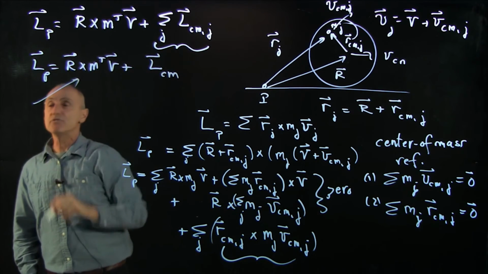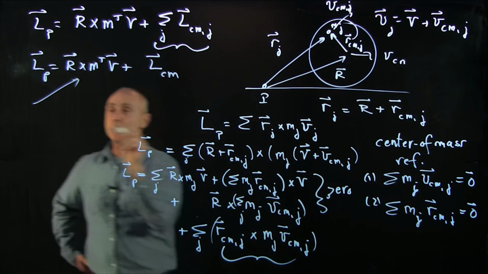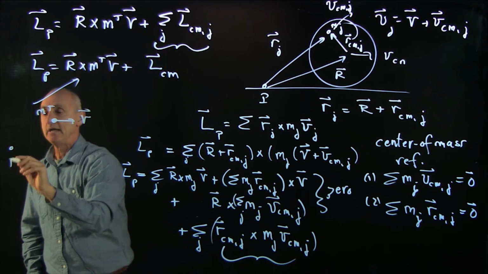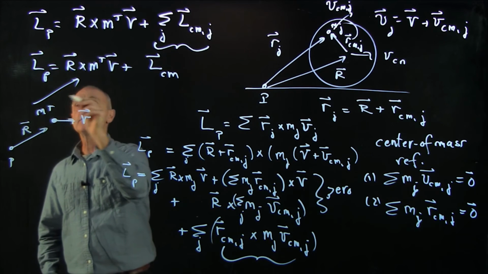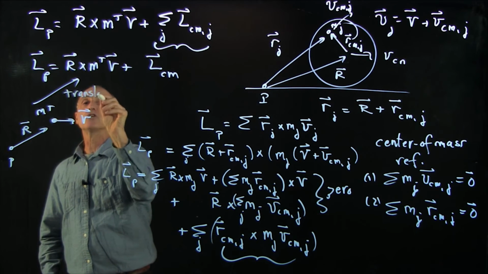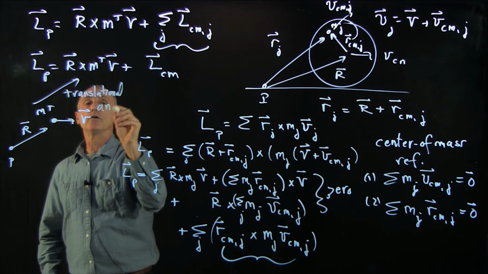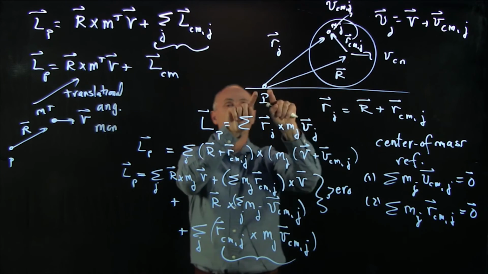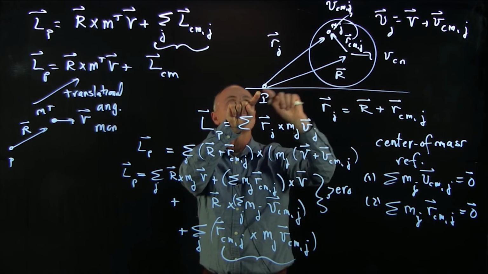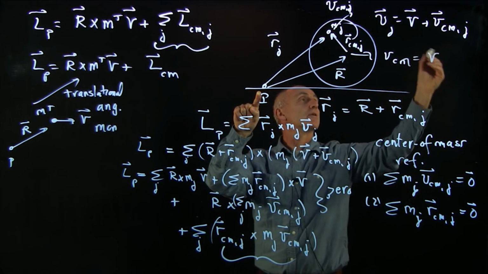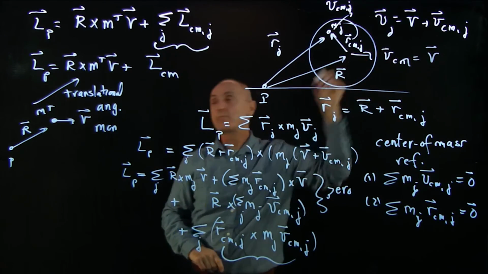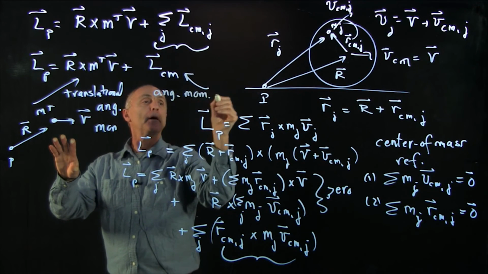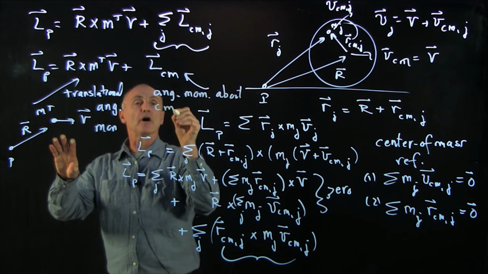Now, what this first term is, if you treated the whole object as a point mass, m total, moving with V, and here's our point P, and there's R. This is just what we call the translational angular momentum. It's treating the whole system as a point-like mass moving with speed V. And this piece is the angular momentum about the center of mass.